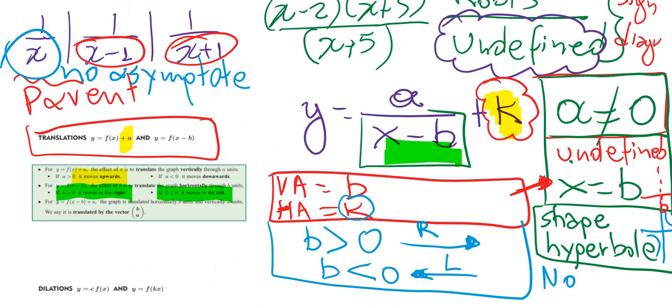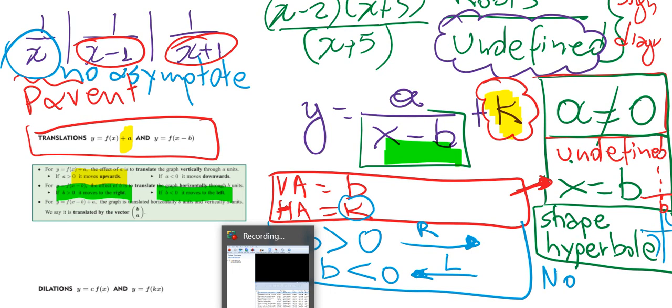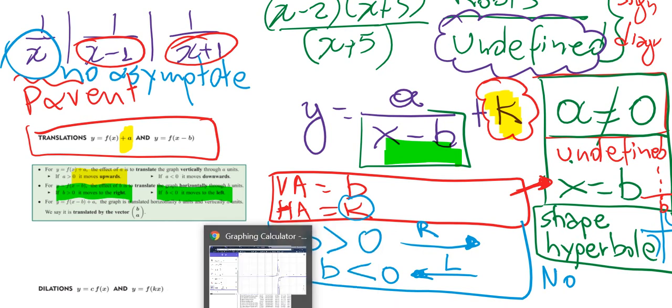I'm plussing 1. So what's happening when I'm plussing 1? What happens if it is less than 0? You will have to respond to that in the class, and we're going to discuss it in detail.